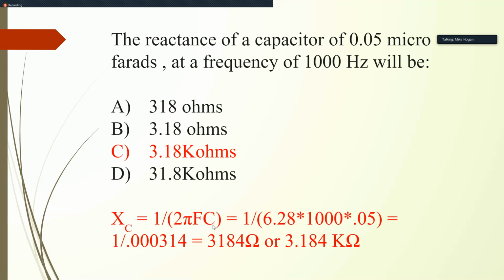C is the value of the capacitor, and just plug them in. 1,000 hertz, 0.05 microfarads, and do the math. Now, once again, no calculator. You know, they're gonna keep it easy, so it's not likely you'll have to do this calculation.